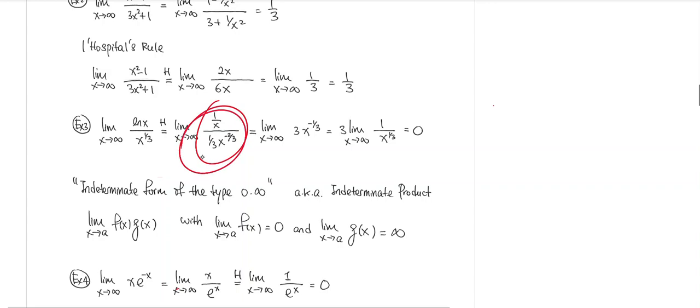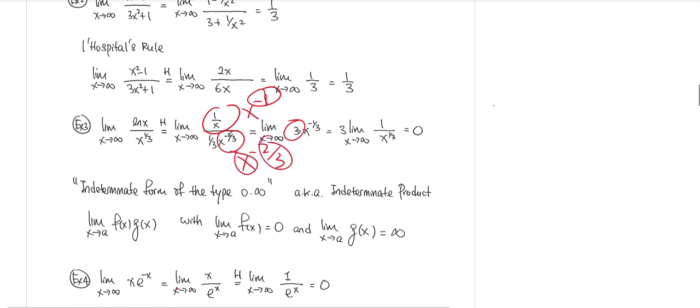Now, another way to get out of this mess is to just simplify this. The algebra tells you that something over 1 over 3 will give you 3. That's the reason why you have 3 here. And then this is negative x to the power negative 2 over 3. So when the base is the same and you have division, the powers have to subtract each other.